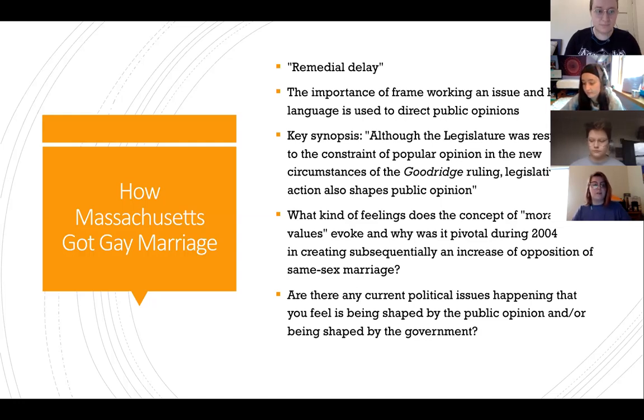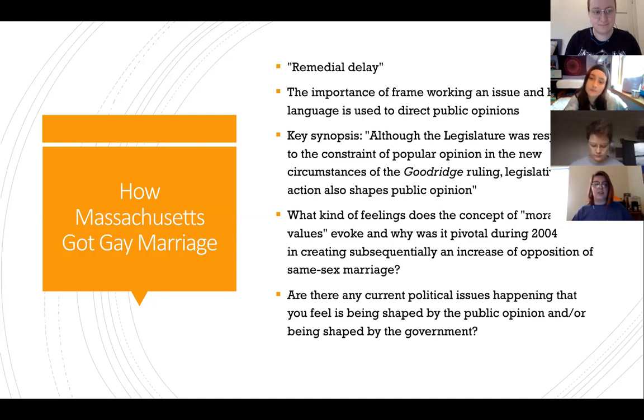But instead of offering a solution and a remedy straight up front, they decided to delay the process and give the General Assembly of Massachusetts the opportunity to come up with a remedy of their own.